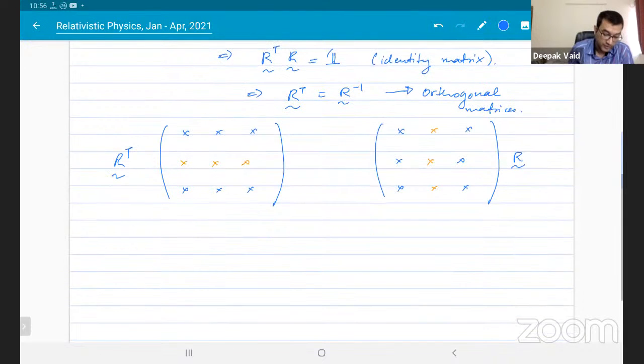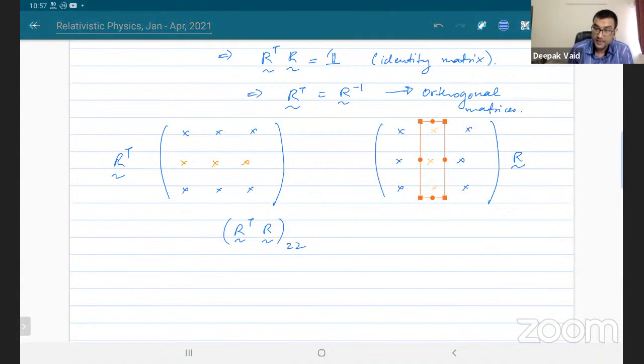So if you want to get the component of R transpose multiplied by R, this is a matrix, and I want to take the 2-2 component. The 2-2 component would be to take the second row multiplied by the second column, right? But in this case, this row and this column are the same, because of the property that this is the transpose.